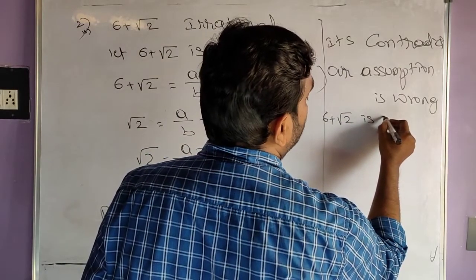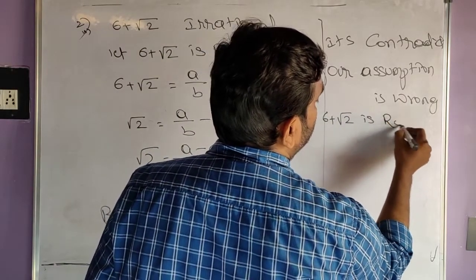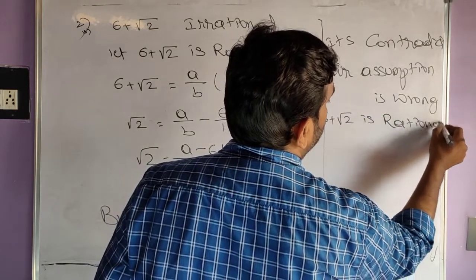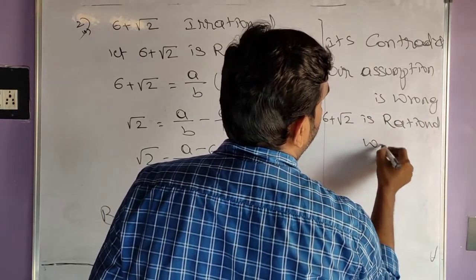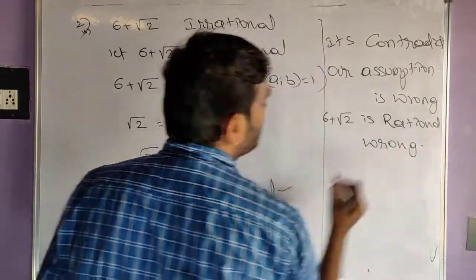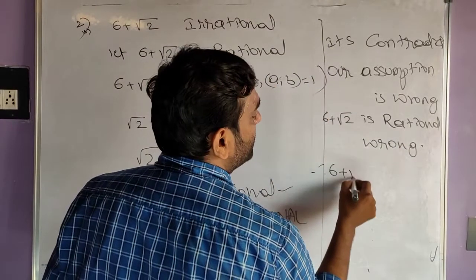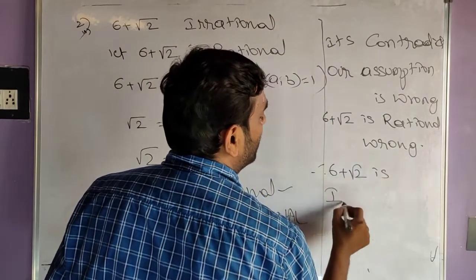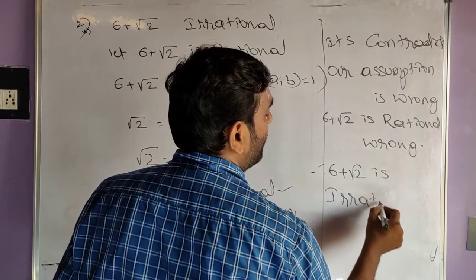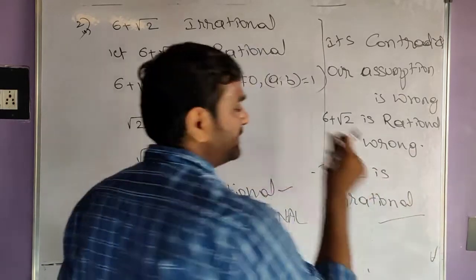This is wrong. Then what is correct? Therefore, 6 plus root 2 is irrational.